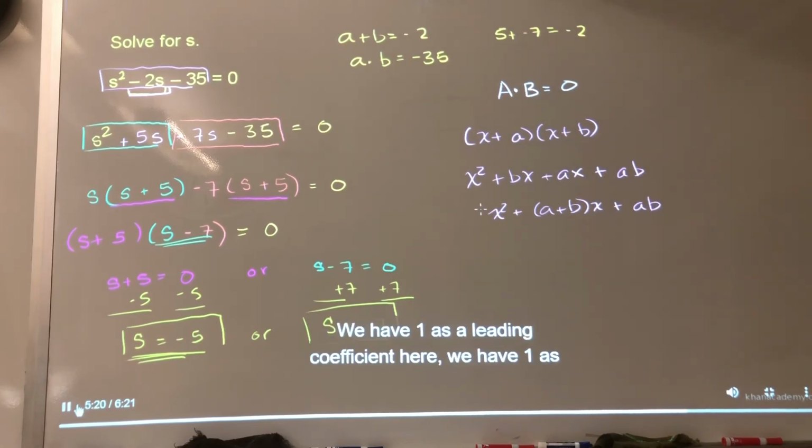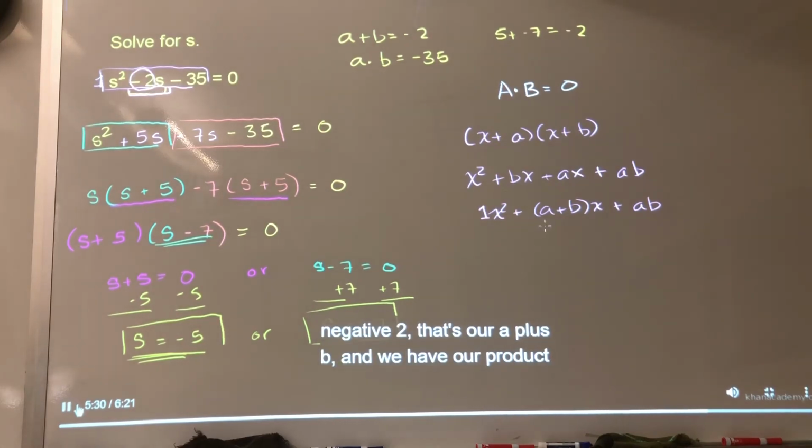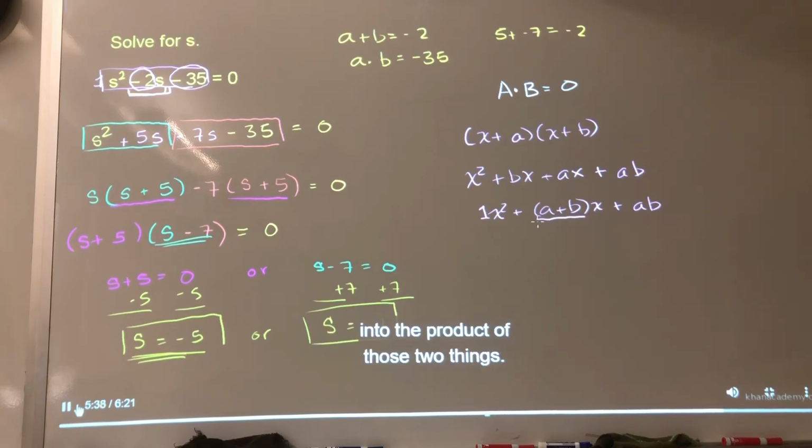We have 1 as a leading coefficient here, we have 1 as a leading coefficient here. So once we have our two numbers that add up to negative 2, that's our a plus b, and we have our product that gets to negative 35, then we can straight up factor it into the product of the binomials, where those will be the a's and the b's.